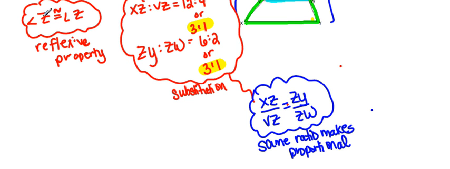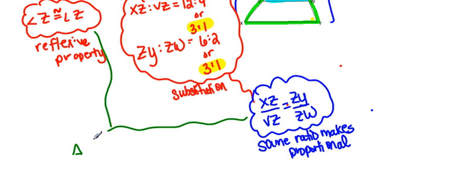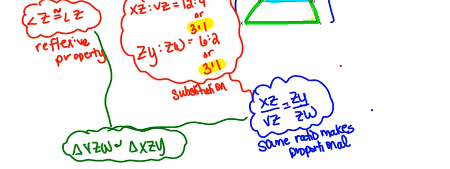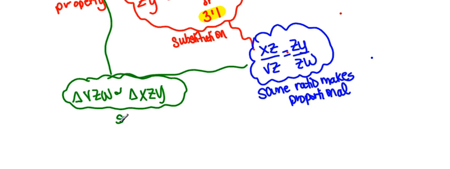Here I've got my pair of included angles. I'm going to pull those two steps together and conclude that the two triangles are similar to each other. So triangle VZW, the little blue one, is similar to, and I have to be careful when I name my second triangle, triangle XZY. The angle in the green triangle that corresponds with V is X, Z corresponds with itself, and angle Y will correspond to angle W in the blue triangle. And that is side-angle-side similarity.